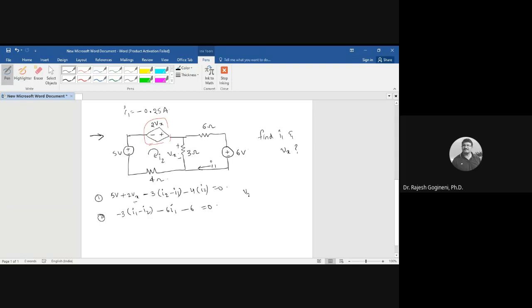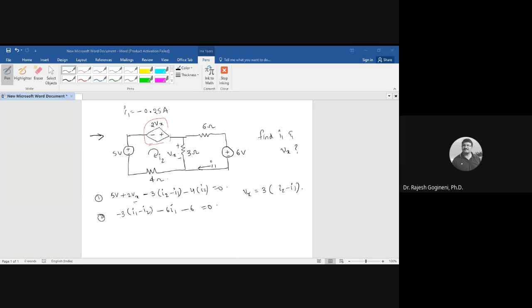So what is Vx? Vx is the voltage across the 3 ohm resistor. So we can write voltage Vx in terms of currents as Vx is equal to 3 into (I2 minus I1), right?